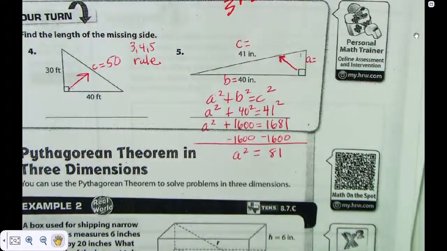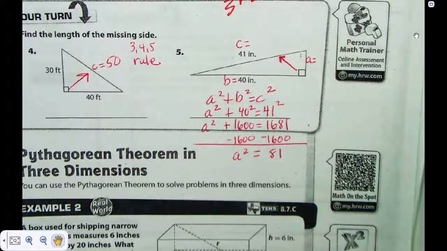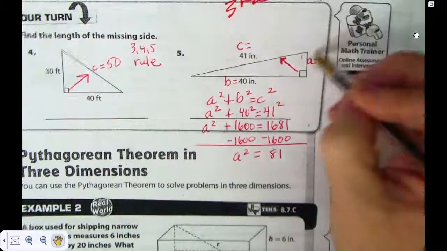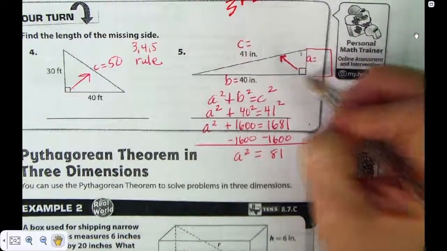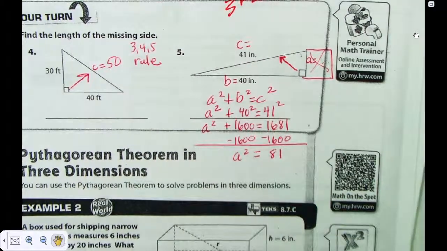Okay, is 81 a perfect square? Yes. Yes, it's perfect. But stop right here. I need you to stop right here every time. This is the third thing. Guys, sometimes they're going to try to trick you, and they're going to ask for the area of that side of that square.